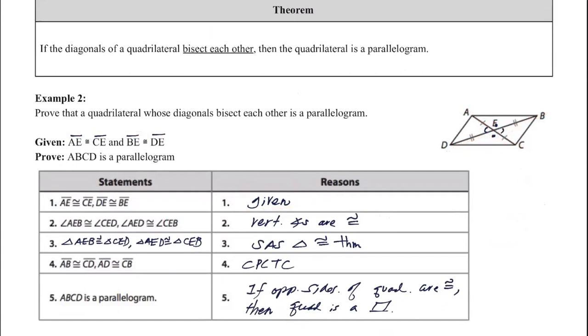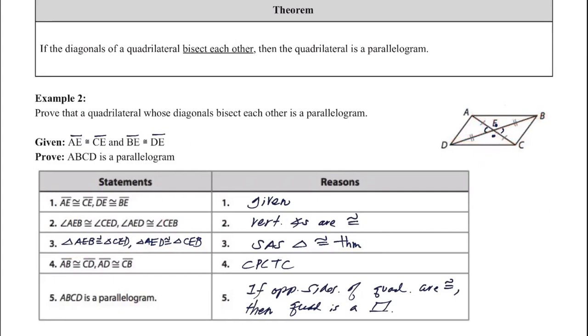And we know that triangle AEB is congruent to CED because of side-angle-side. Similarly, angle AED is congruent to CEB for the same reason, the side-angle-side triangle congruence theorem, guys. Okay, and because this triangle and this triangle are congruent, AB and CD are congruent.